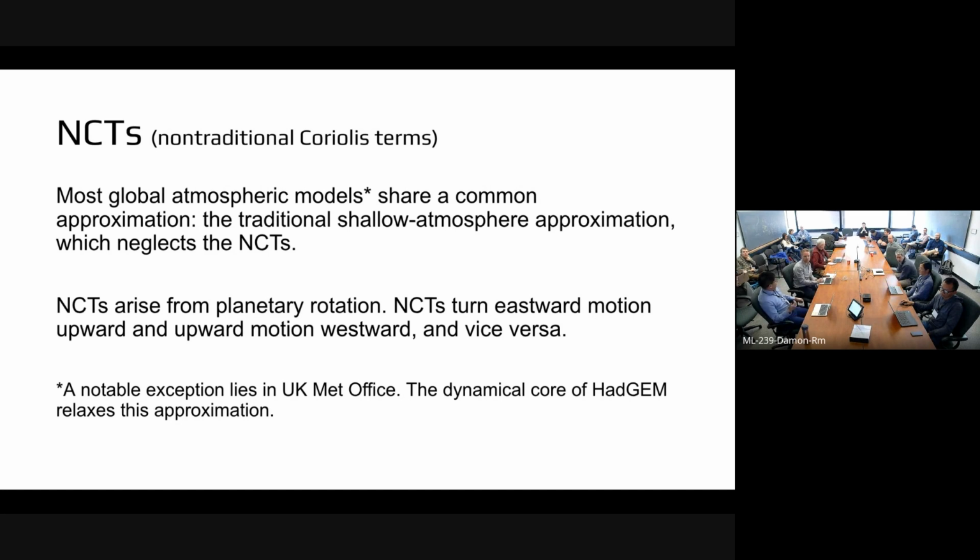Non-traditional Coriolis terms arise from planetary rotation, and turn eastward motion upward and upward motion westward, and vice versa. You can also think of it as a planetary vorticity in the northward direction.